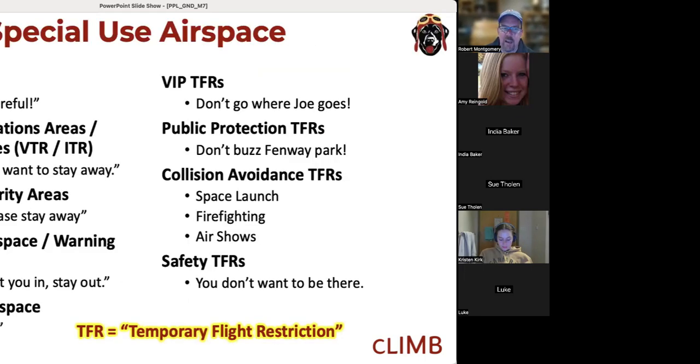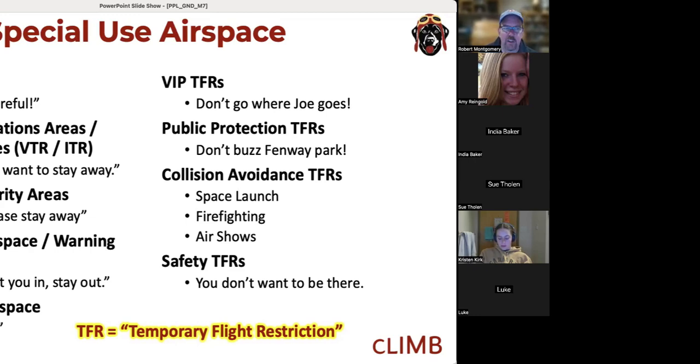And it kind of boils down into two groups. You have what I would call the permanent airspace versus the temporary airspace. The temporary airspace are the temporary flight restrictions. The permanents are not temporary flight restrictions, although there are some temporary flight restrictions that are surprisingly permanent. And then within them, there's a variety of different types, right?